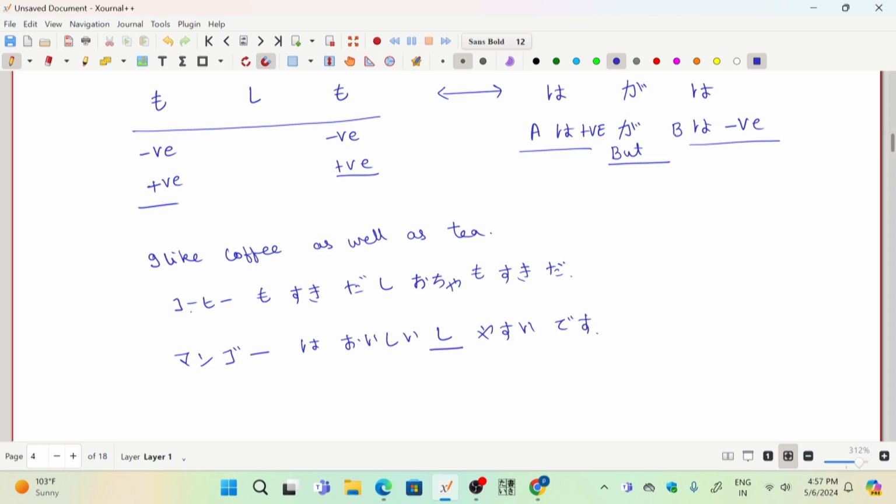So here also we can use shi. So next we are going to do the pattern which is used with shi. It can be used with the dictionary form of verb or the adjectives.